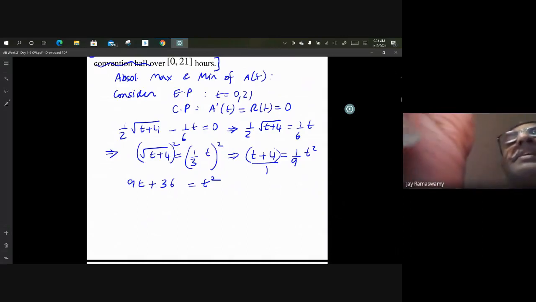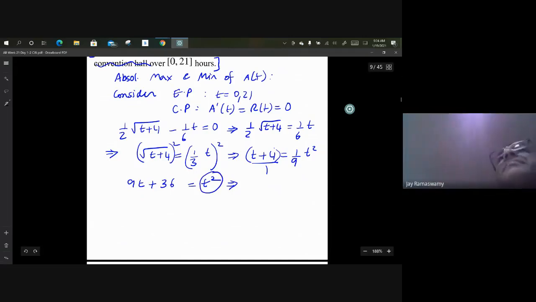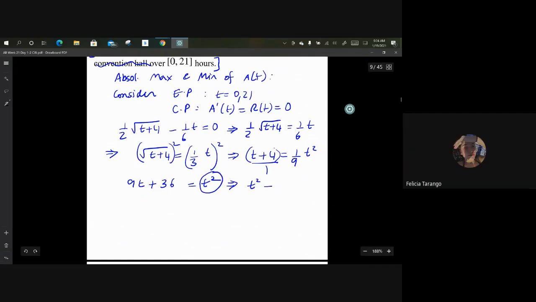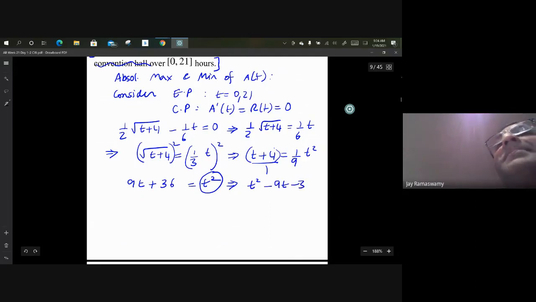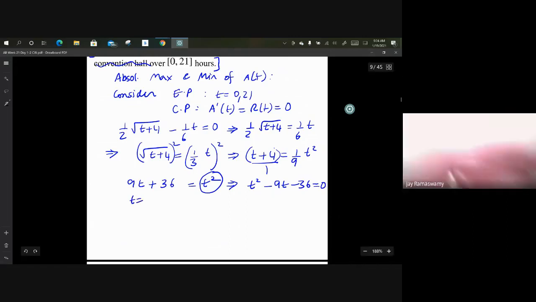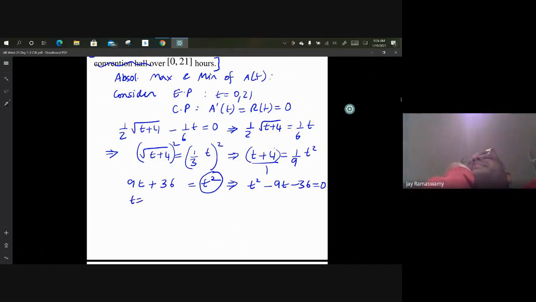I skipped a step. Can we move everything to one side? Guys, is it smart to keep the t squared term, the quadratic term, positive? So I'll move the others to the right hand side: t squared minus 9t minus 36 equal to 0. Do magic X yourselves. Tell me the two values of t.